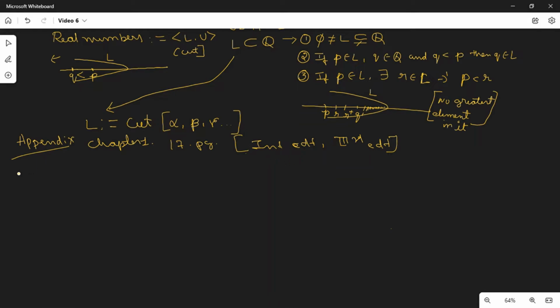In that appendix, he is proving theorem 1.19, which is about the least upper bound property of real numbers. But I am covering those step 1 and step 2 as one single video.